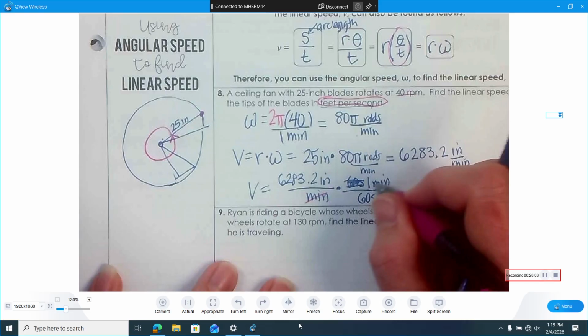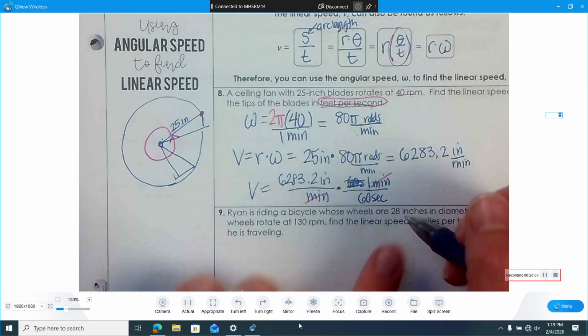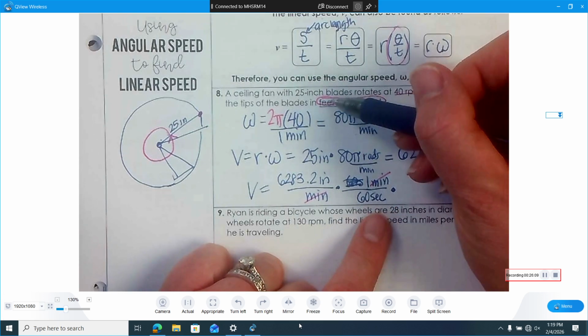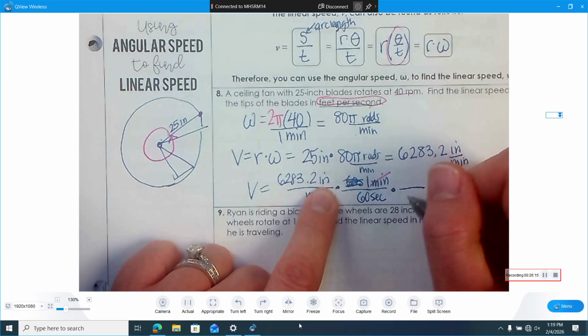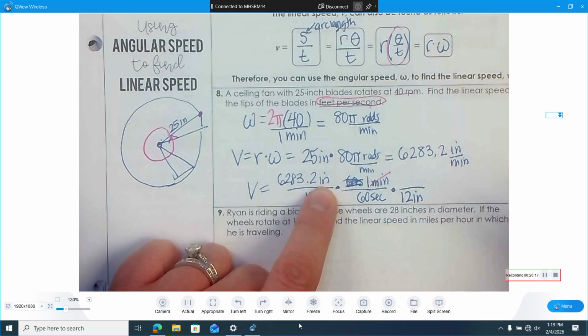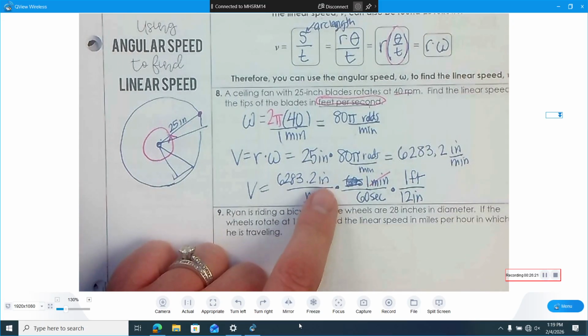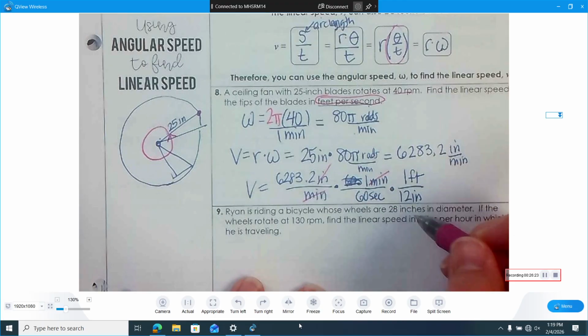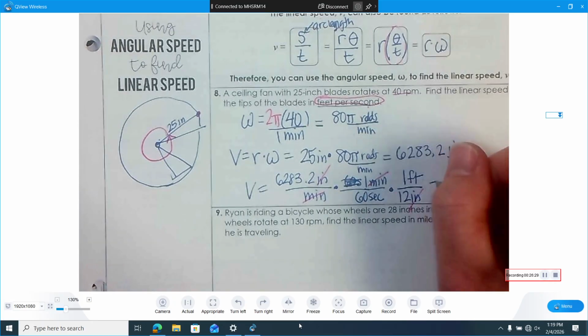I need minutes to cancel out with minutes, so my minutes needed to be on top. Now, tell me what you know about feet. 12 inches equals 1 foot. I have inches on top, so I want inches on the bottom to cancel out, and that is the same as 1 foot. So inches on top and inches on bottom cancel out, leaving feet on top.